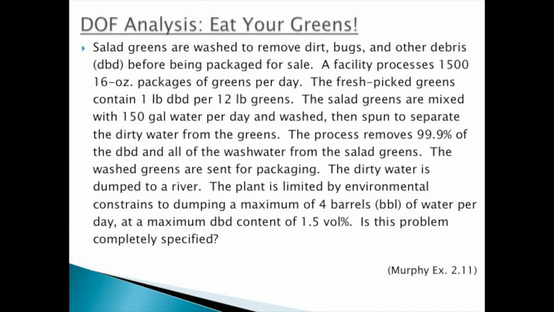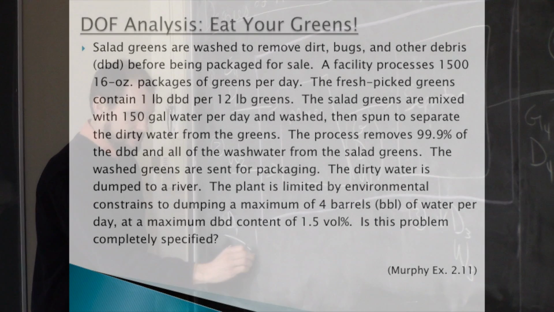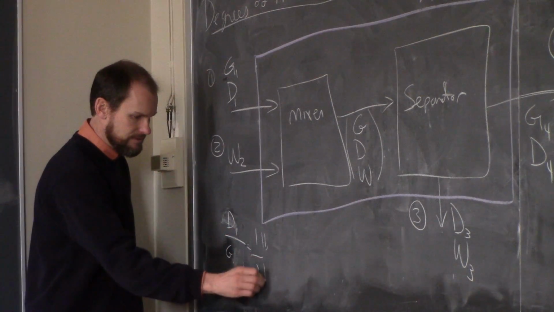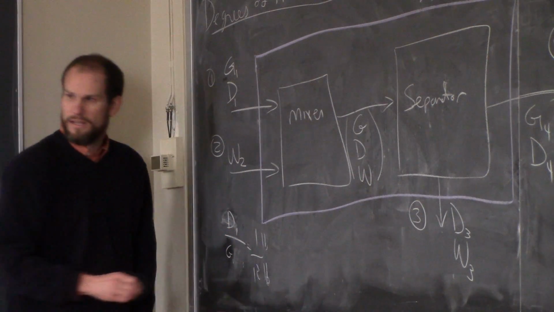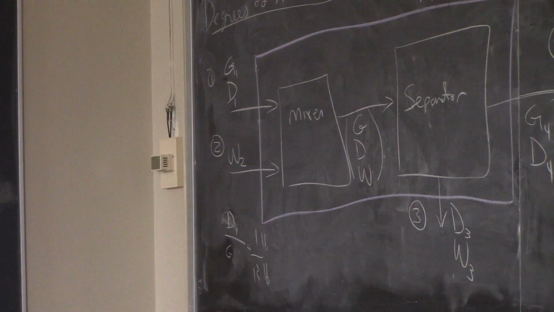Let's see, 1 pound per 12 pound of greens. I told you that last one, I count greens as the whole thing, including the dirt. But this one, because we're talking about the ratio of the dirt to the greens, I would say 1 to 12 pounds.